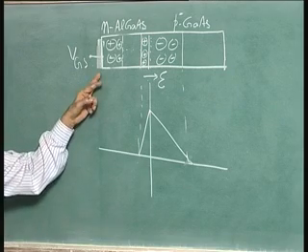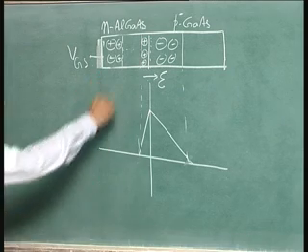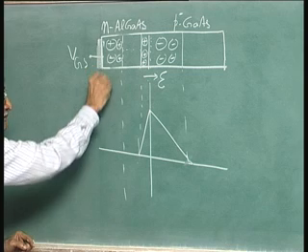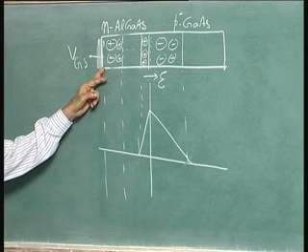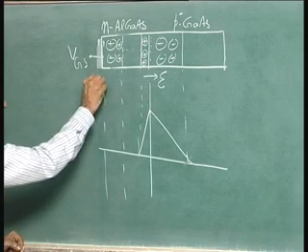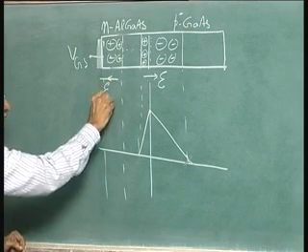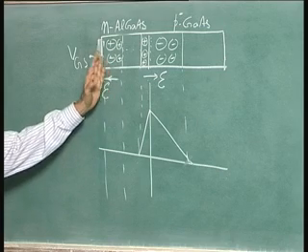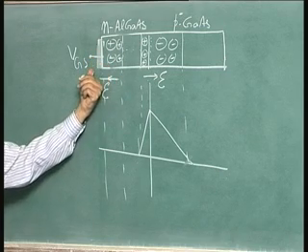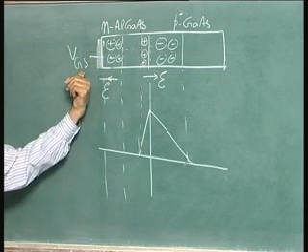And on this side, how will the electric field be? If the depletion layer is only up to this point, the electric field will be in this direction. Minus plus, built-in potential is plus here, minus here, so electric field lines will be in that direction.